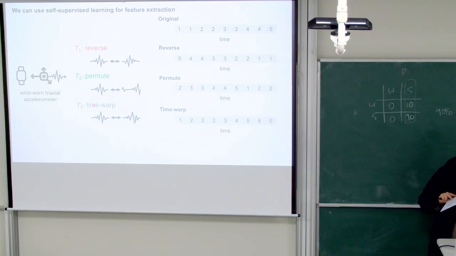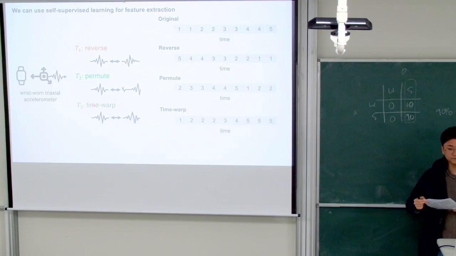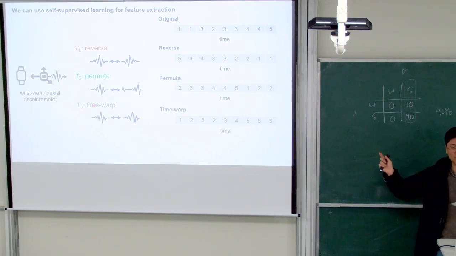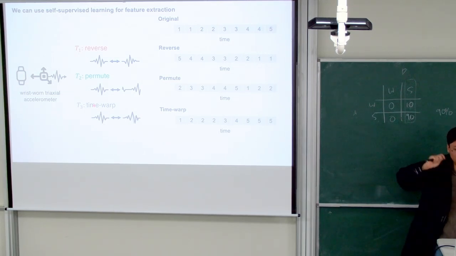Maybe we can use some. So they open the PSG and actigraphy data. Our main data was just activity count, but their data is more finely sampled accelerometer data.